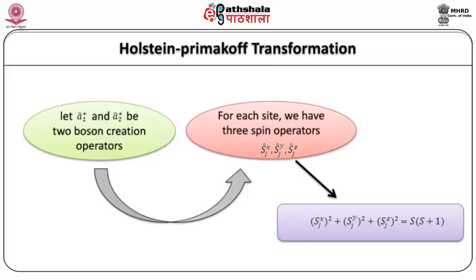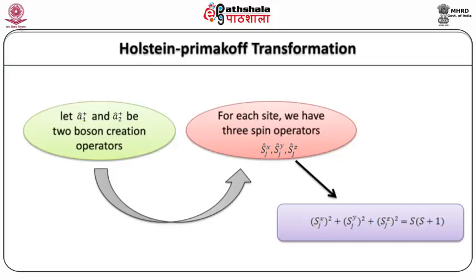Okay students, now we will try to understand what exactly the Holstein-Primakoff transformation is. We wish to express the magnon creation and destruction operators in terms of the spin operators. In the Heisenberg Hamiltonian, we had used products of fermion creation and annihilation operators, but in this new representation, the spins are represented by Bose operators.